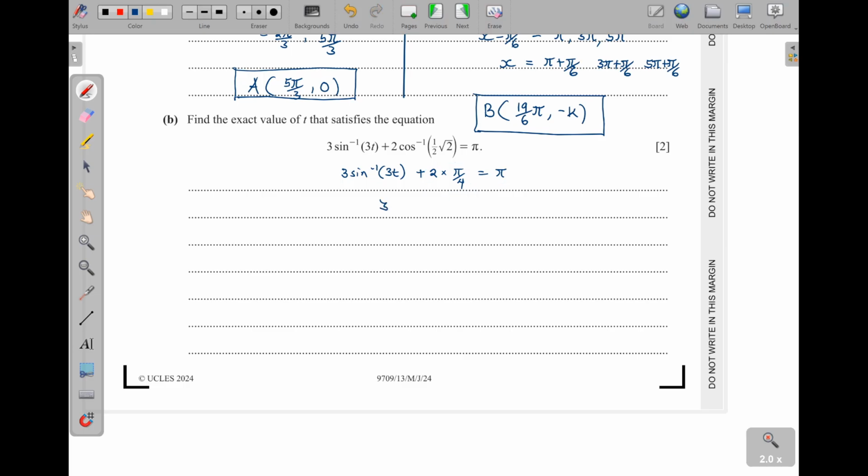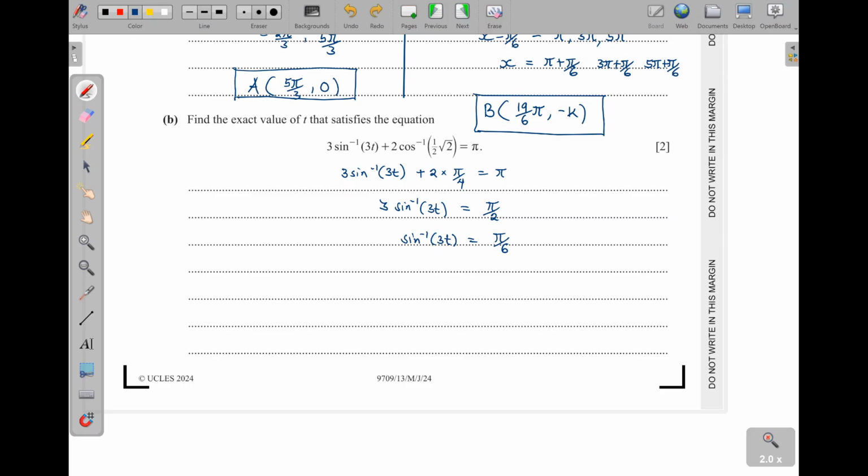So that means we shall have 3, then the arc sine of 3t, which is going to be equal to pi over 2. And then from there, we can divide all through by 3. Then we shall have the arc sine of 3t, which is equal to pi over 2 divided by 3. 90 divided by 3, you get 30, which is pi over 6. And then take away the sine to this other side.